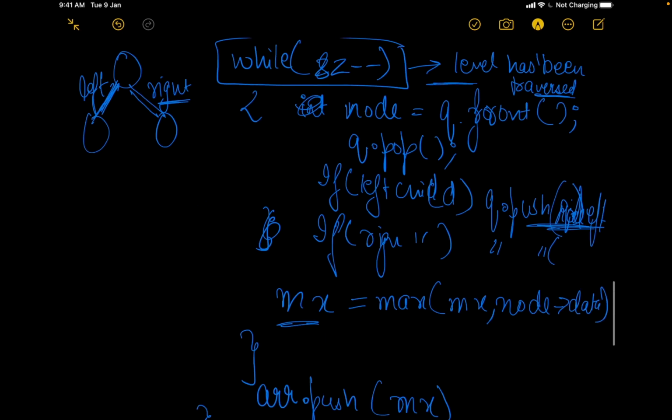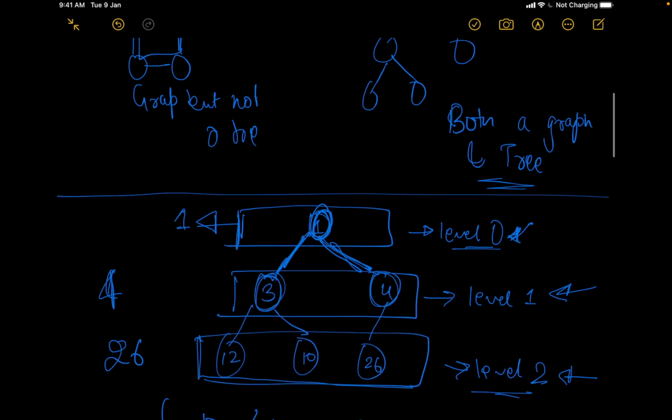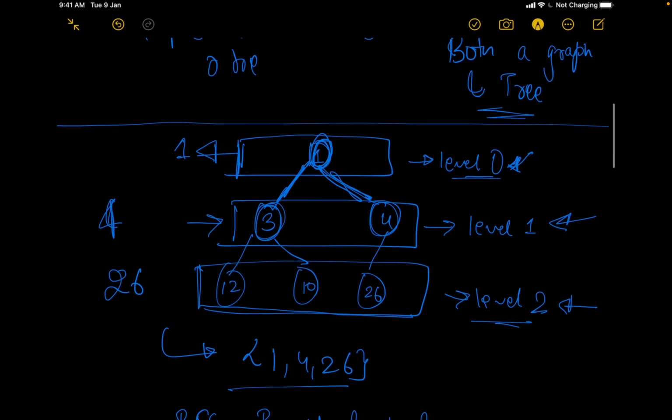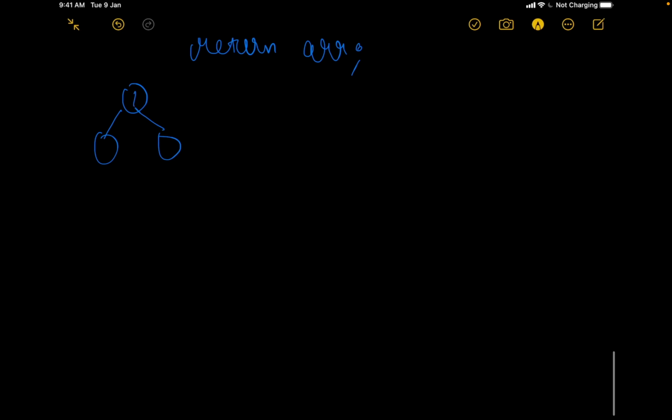Now if you didn't understand this, let's try it with an example. Let's say this is the particular example we had, or let me just draw a random tree over here. 1 3 4 7 8 9. Initially the queue would be pushed with this particular node.